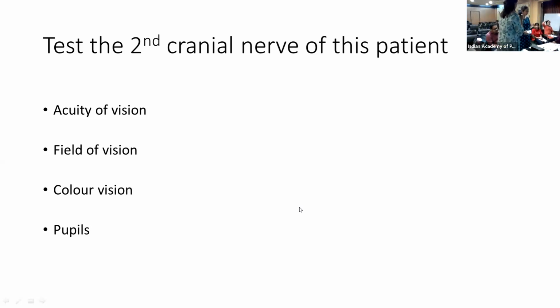I'll hold it. For this, I will keep my hand to separate. If I'm checking the direct pupillary reflex of the left side, simultaneously I will look for consensual light reflex on the right side. I will bring a lighted torch from the lateral position towards the eye.